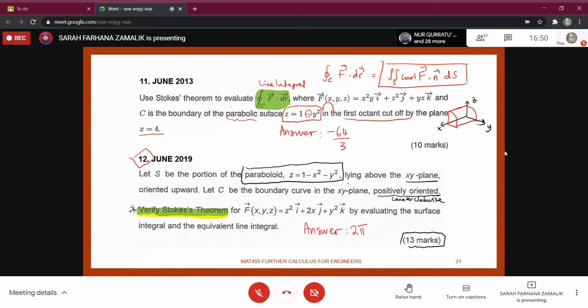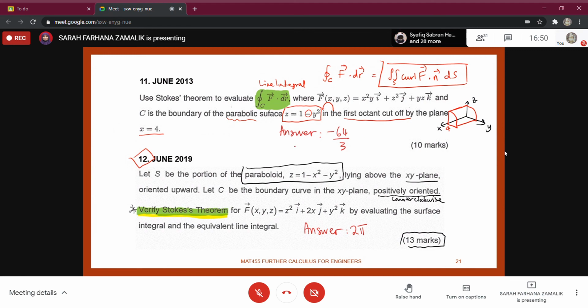So yes, that is your parabolic surface. This is 4, x equals 4. They already said x equals 4. This is in the first octant cut off by your x equals 4, so it means only the positive side of x, y, z.